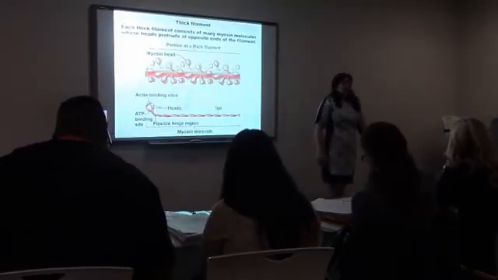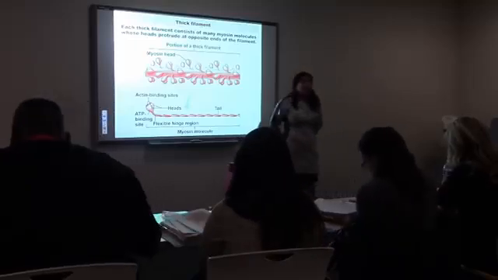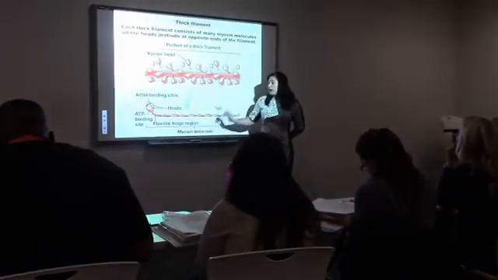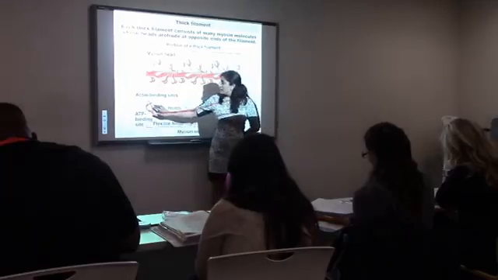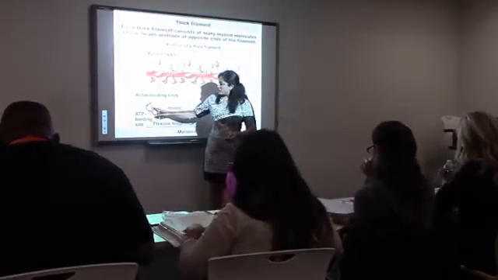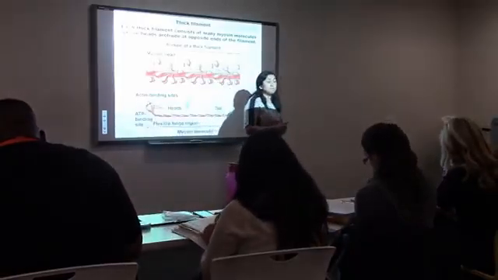Okay. Now let's talk about the thick filaments. Thick filaments are made up of molecules called myosin. Each myosin has a tail and two heads. The heads are the ones that actually bind to actin, okay? And each head actually has an ATP binding site, meaning it allows ATP to bind to it.